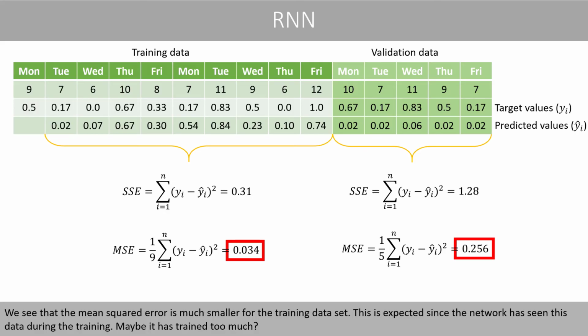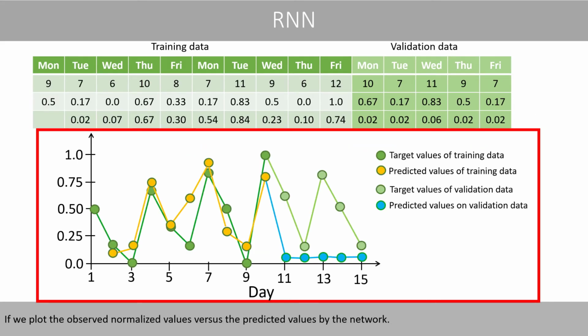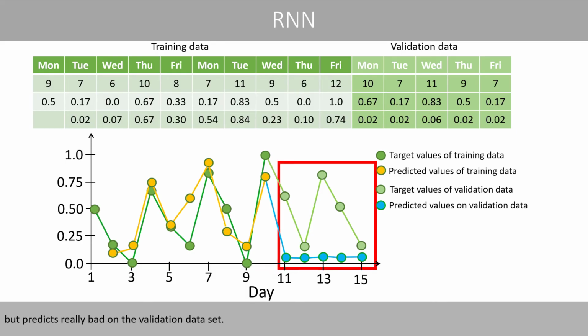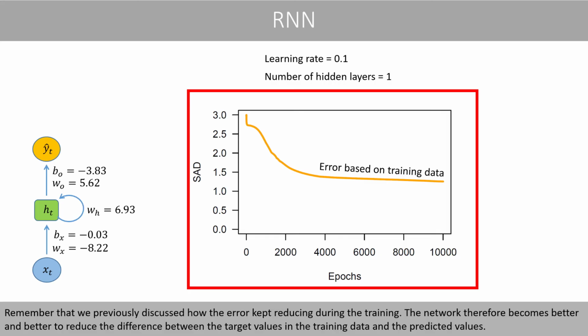Maybe it has trained too much. If we plot the observed normalized values versus the predicted values by the network, we see that the network predicts the training data quite well, but predicts really bad on the validation dataset. Remember that we previously discussed how the error kept reducing during the training.